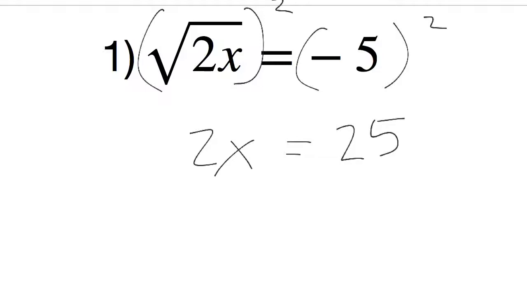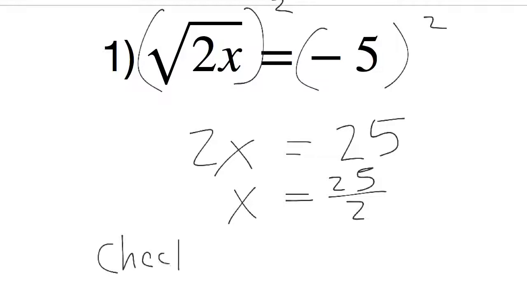So for example, here, the square and the square root cancel out. Now this is different from when you needed absolute values because you're undoing the square root as opposed to undoing the square. You get an answer of x equals 25 over 2. So let's check to see that it works.